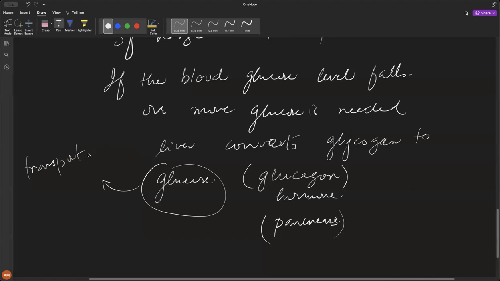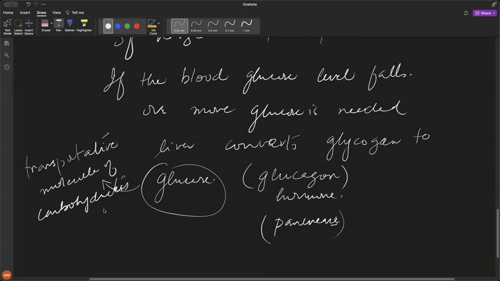Glucose is the transportative molecule of carbohydrates. Carbohydrates are transported in the body in the form of glucose.